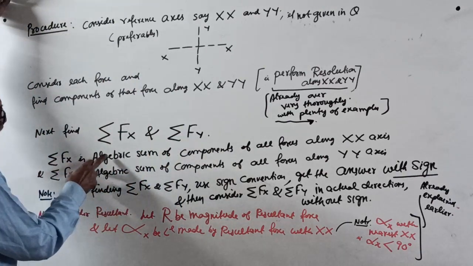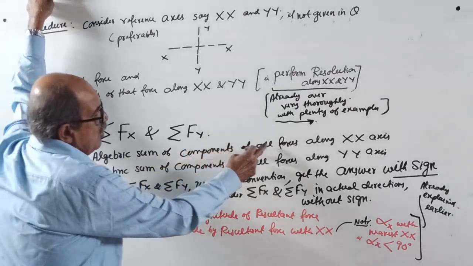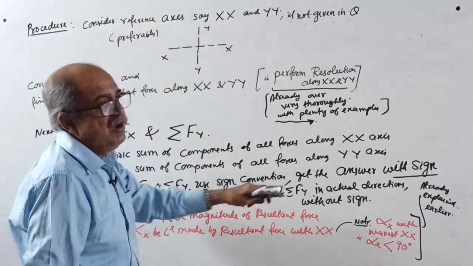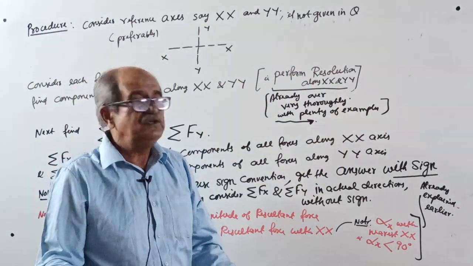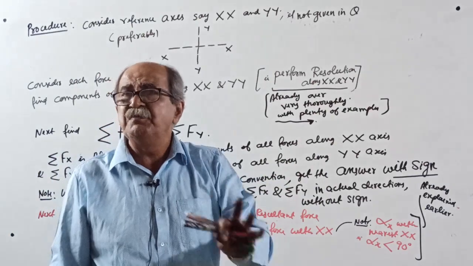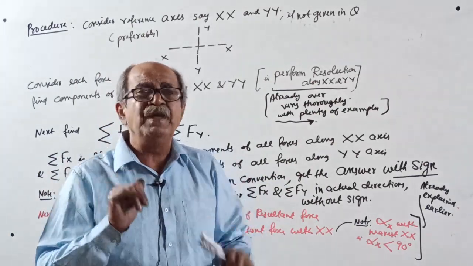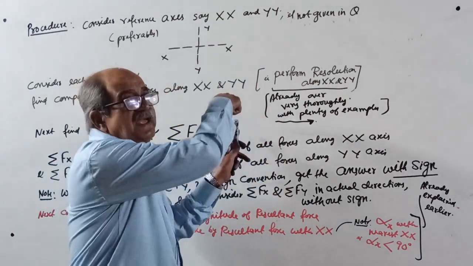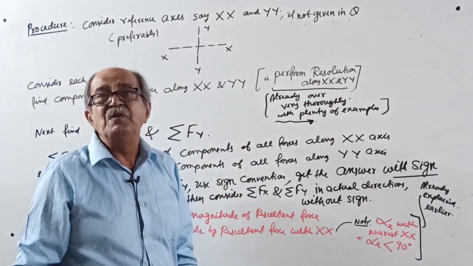Sigma Fx is algebraic sum of components of all forces along x-x axis. Sigma Fy, same thing along y-y axis. Now, this all I will explain systematically, very slowly in the first example. So, now briefly, once that first example is over, then come back here and understand. It will be very clear then.